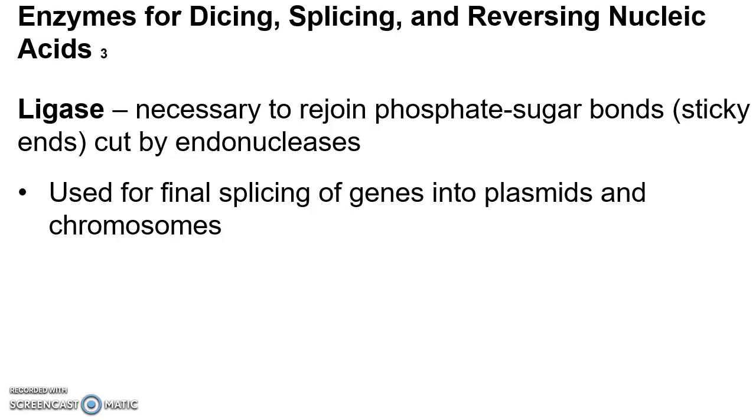Ligase is an enzyme that we talked about when we talked about DNA replication. It is an enzyme that is used to rejoin small fragments of DNA, and it can be used to splice genes into plasmids and other chromosomes so that scientists can combine DNA from different organisms.